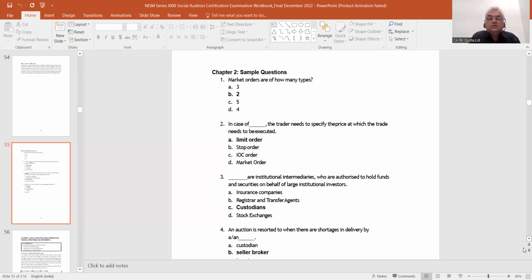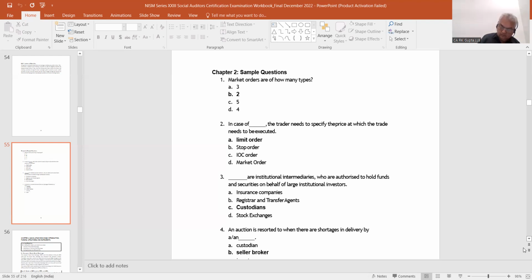Third is the custodians, they are institutional intermediaries, as we've seen that in case of banks, insurance companies, they may not be trading on their own. So they are having institutional intermediaries who are authorized to hold funds and securities on behalf of large institutional investors. And sometimes these banks, etc., they may be performing twin functions.